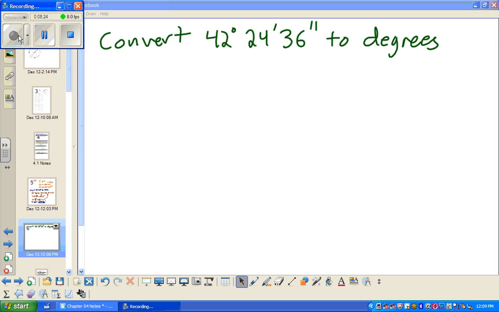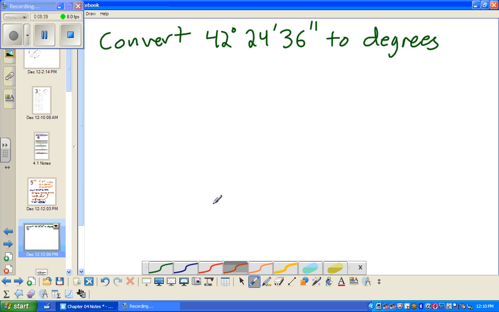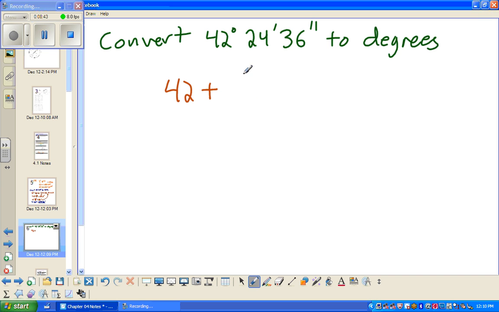We can go the other direction too. If you're given DMS, degrees, minutes, seconds, you can convert that to degrees in the traditional sense that you all know. Well, to do that, it's actually quite easy. You're going to take your 42 degrees, and add to it your 24 minutes divided by 60.